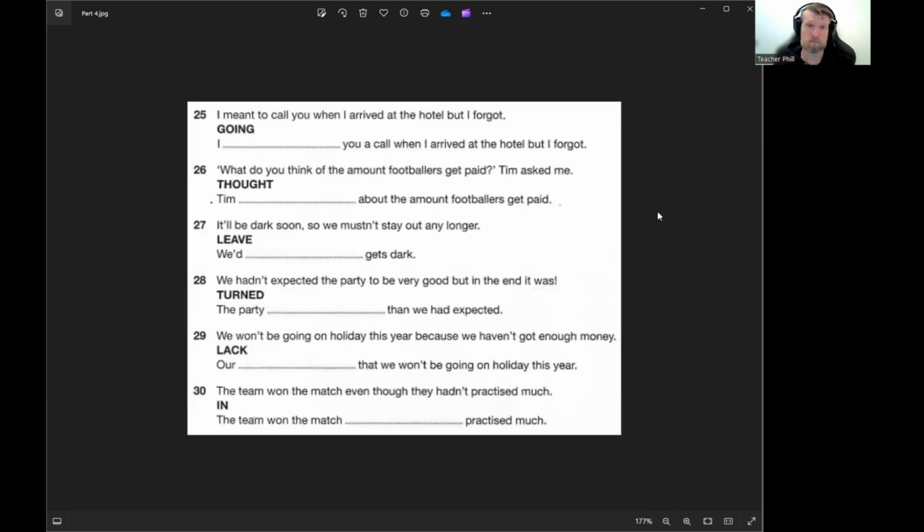So in part 4, you get these pairs of sentences. One sentence is just a complete sentence, but in the second sentence there is something missing. In each gap, we need to use between 2 and 5 words, and there is this word given, which we have to include in the gap, and it's part of those 2 to 5 words.